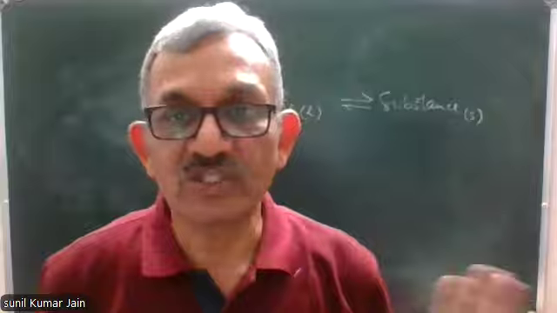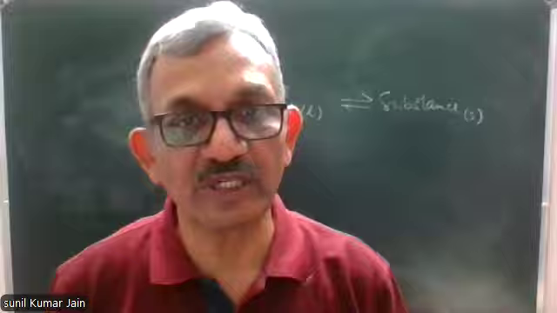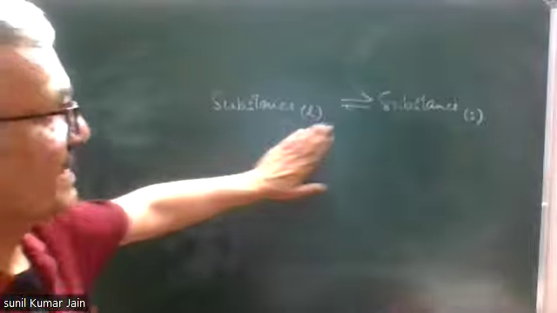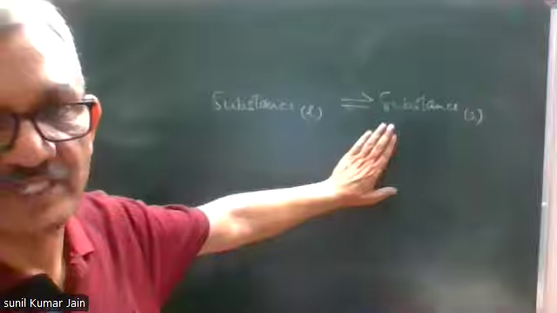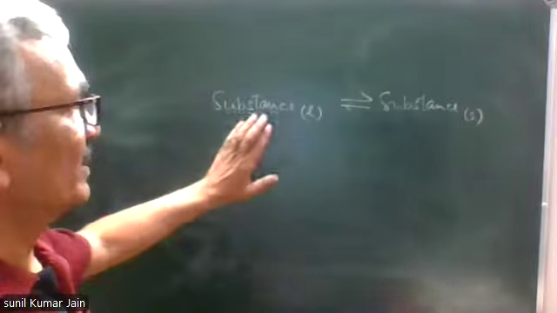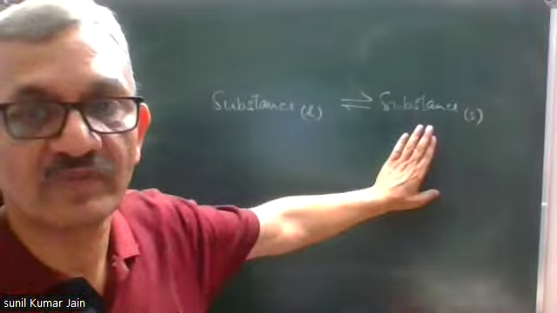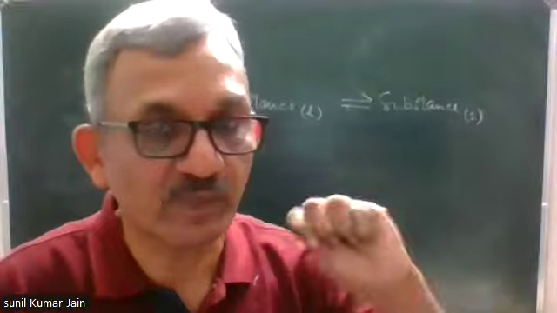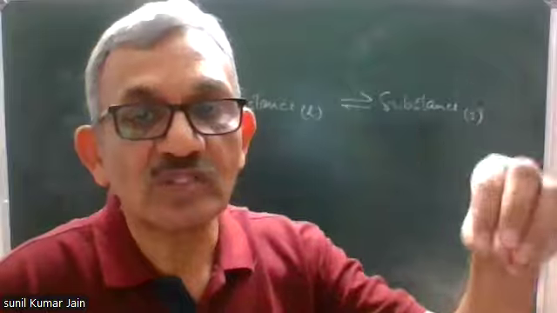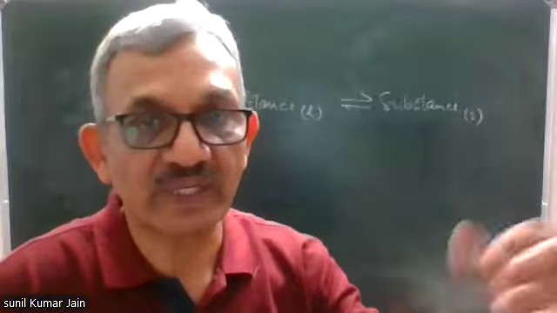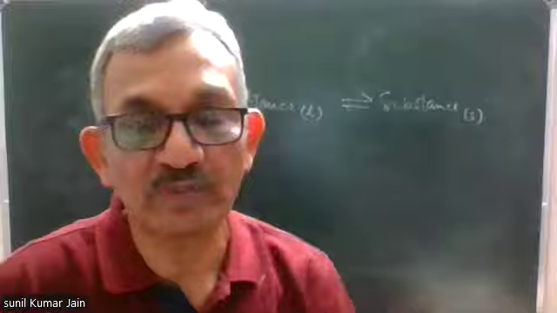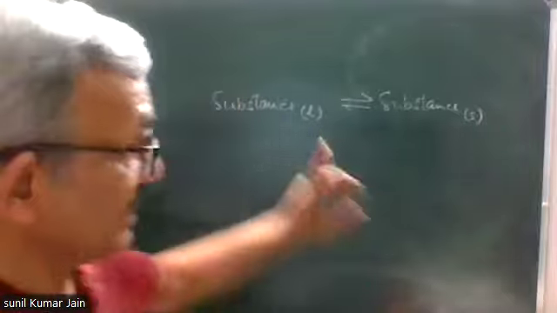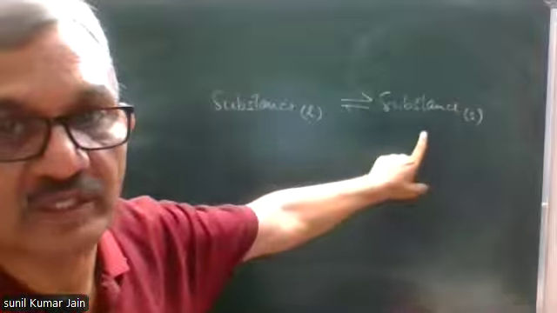Now look at the board. I'll explain the reason for the depression in freezing point. Look here, don't write anything. Let us say this is the pure solvent at freezing point. There is equilibrium between liquid and solid forms of the solvent, and vapor pressure of both the forms is equal. Now, when we dissolve some non-volatile solute, let us say glucose or urea or sodium chloride, these solutes will dissolve in the liquid, not in the solid.